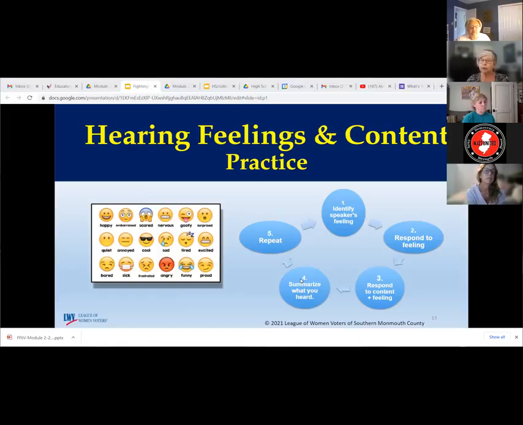Okay. When you get into the breakout rooms, the speaker is going to say that statement, which you should be able to see when you're in the breakout room, and reflect the emotion that you choose. The listener is going to reflect what emotion is heard, and then the speaker is going to try to clarify, and there'll be that back and forth.